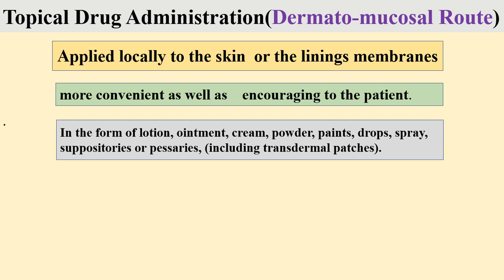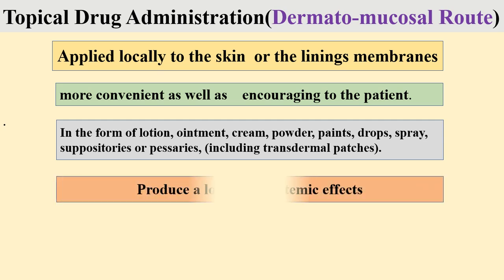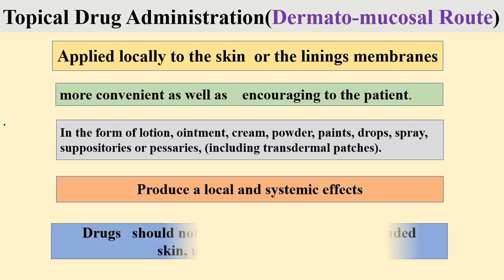It comes in the form of lotion, ointment, cream, powder, paste, drops, spray, suppositories or pessaries, and it includes transdermal patches. All of these drugs can be used topically or via the skin. They can produce local and systemic effects even when given over the skin.